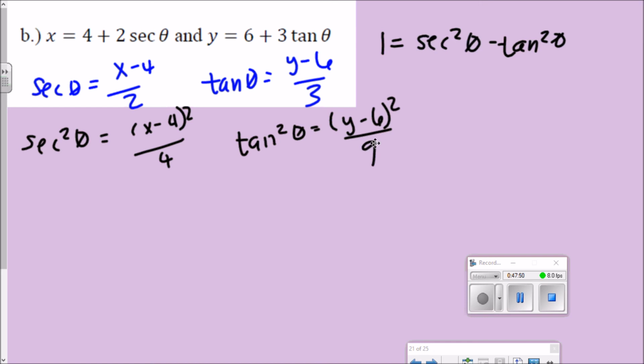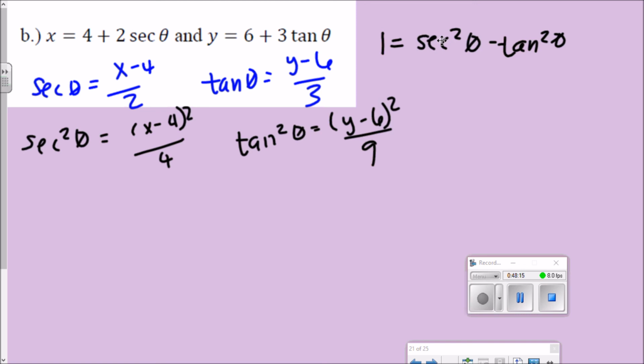You can see it already, right? This is part of my conic section. This is x minus h divided by a, squared. This is y minus k squared over b squared. So when I add them together, or really what should I do? I should subtract them because this is what I'm headed towards.